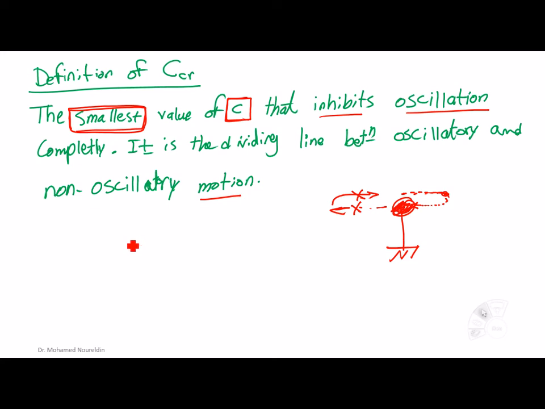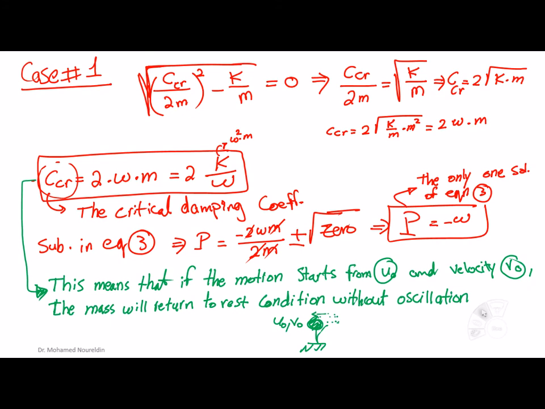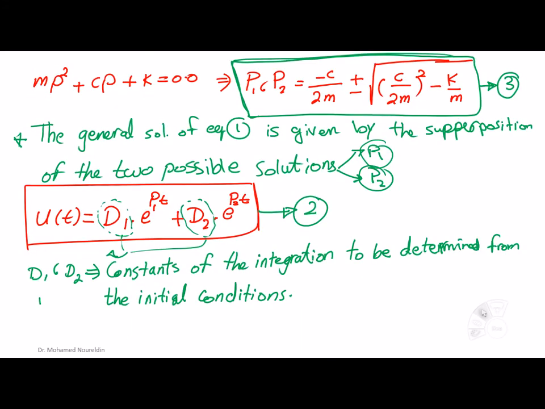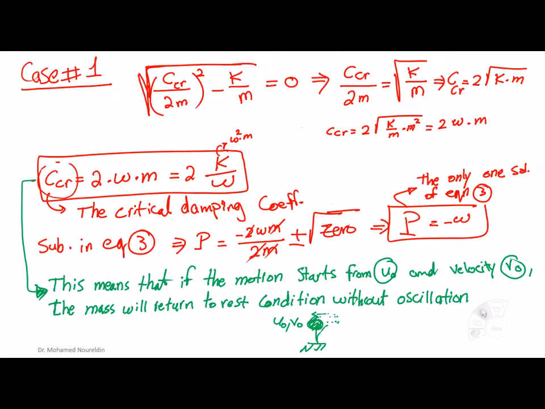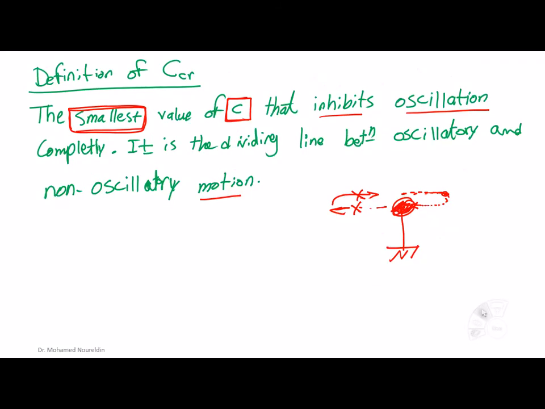Now let's obtain the solution of differential equation 2. Remember that this is our main, the general solution. The possible solution for our system is here. So let's try to solve this equation.